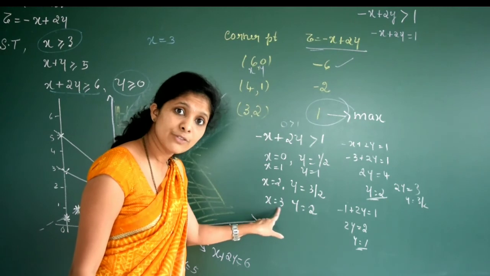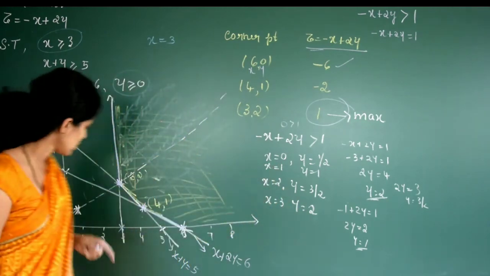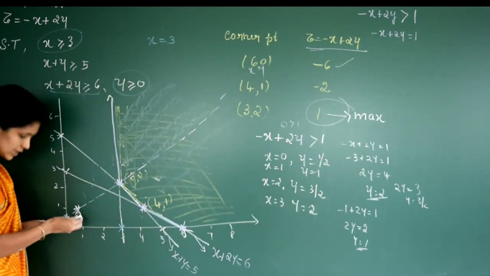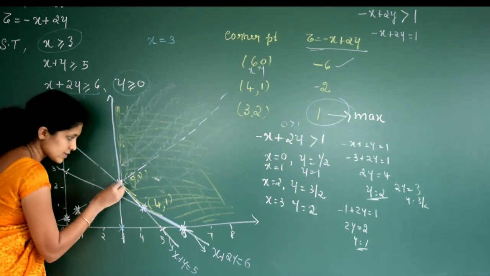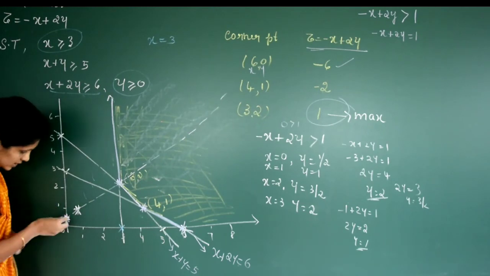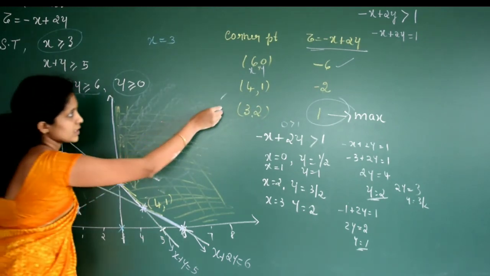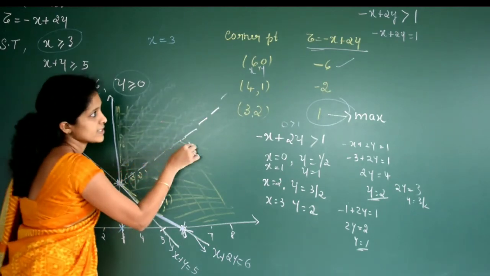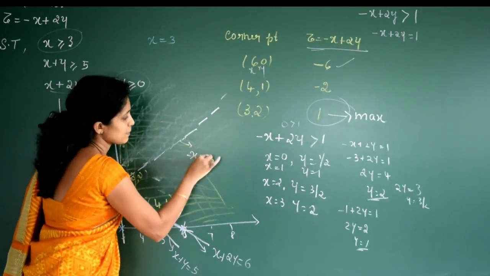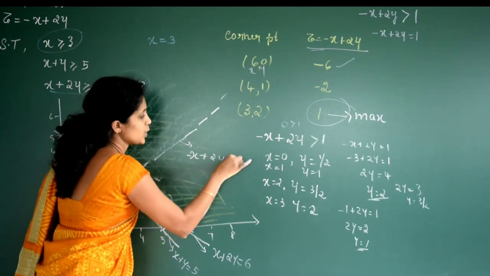Whenever the value of x is 3, y will be 2. So 2 points is enough, okay? By using these 2 points, you can draw a line. Now draw a line. So this is the line. Is it clear? Which line is it? This is -x plus 2y is equal to 1.